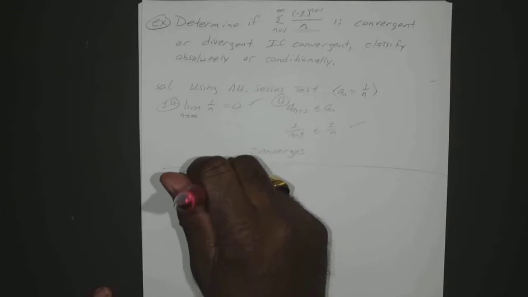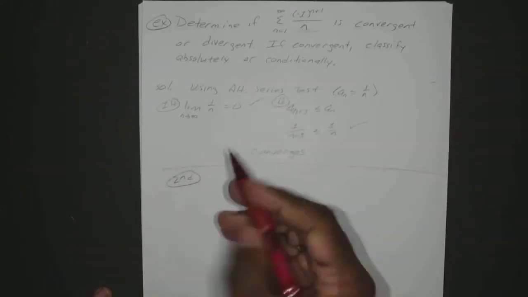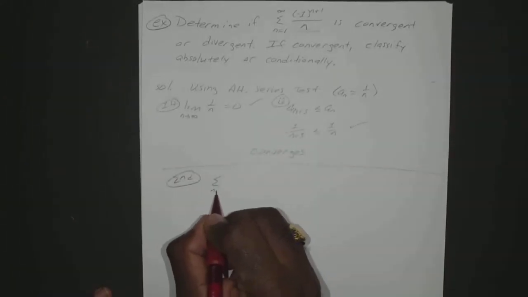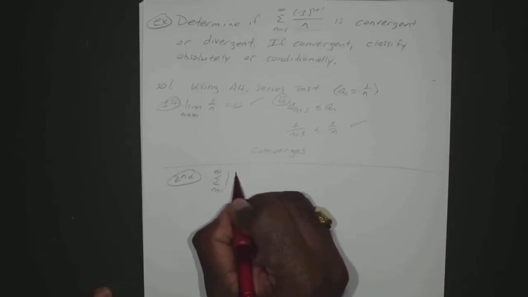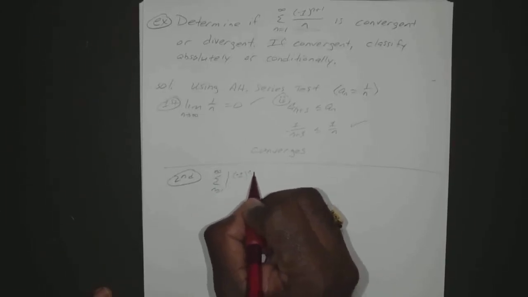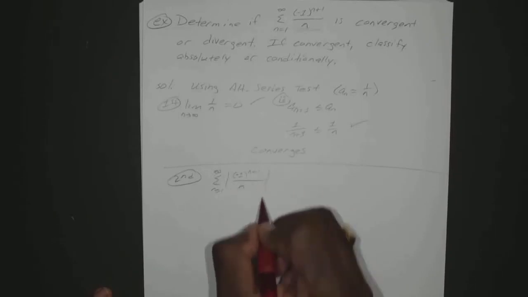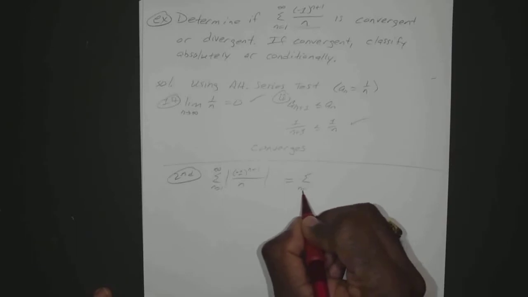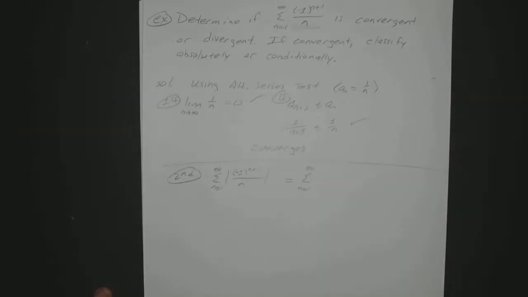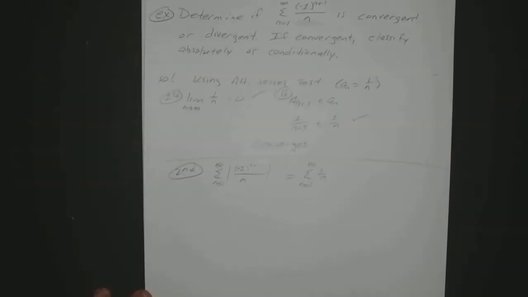Let's say the sum from n equals 1 to infinity of the absolute value of negative 1 to the n plus 1 over n, which is just equal to the sum from n equals 1 to infinity of 1 over n.